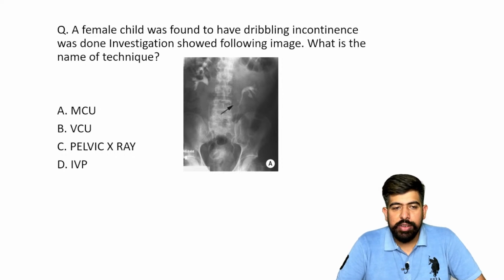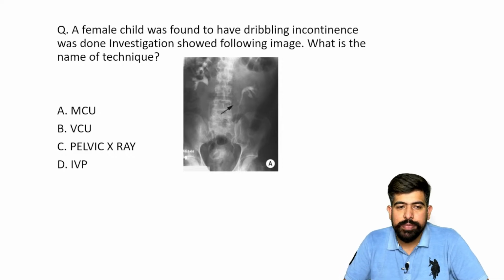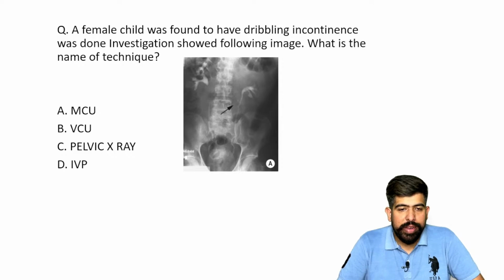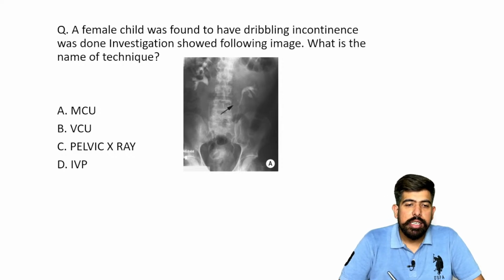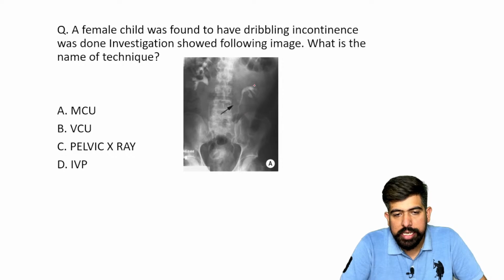A female child was found having dribbling incontinence. An investigation was done, shown below, and the following image is seen in this technique. So what is seen? We can see the calyceal system and the ureter system also.